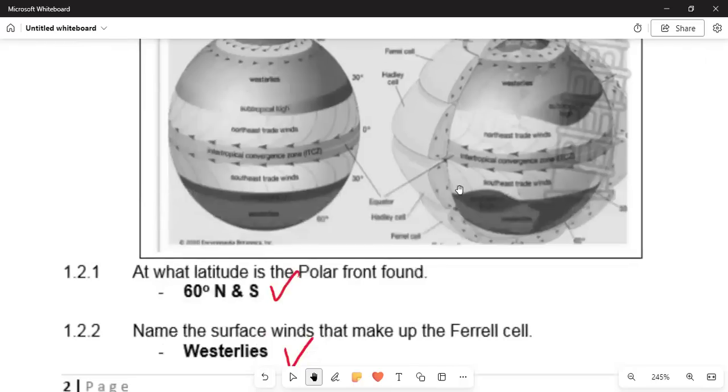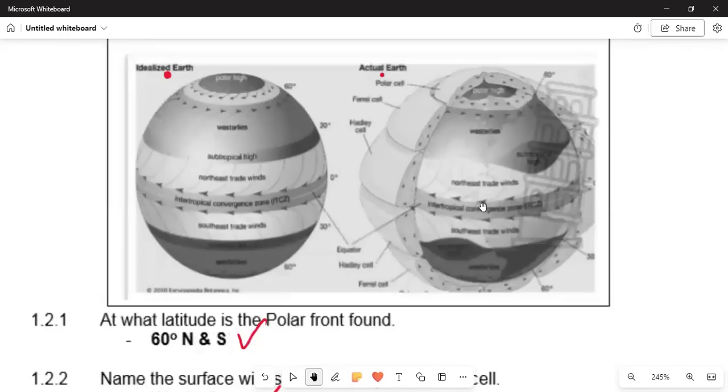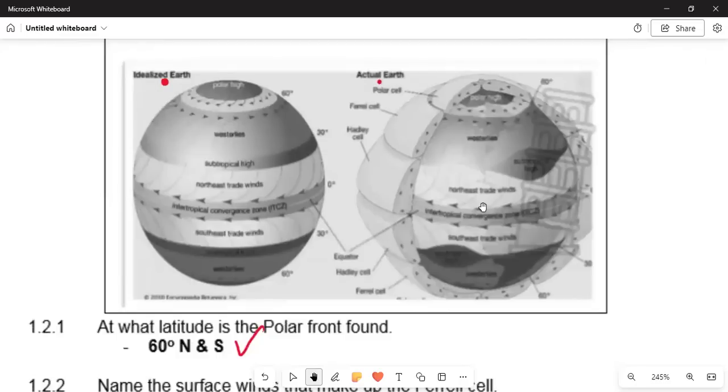The question in 1.2.1 asks at what latitude the polar front is found. It is at 60 degrees north and south. We go to the polar front, and we can see it is situated at this angle of 60 degrees.